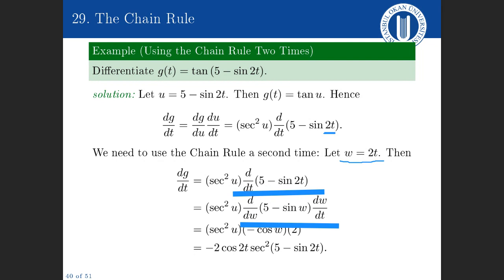And at this point, everything is an easy derivative, so we can write down the derivative of 5 minus sine w is minus cos w, and dw dt, the derivative of 2t, is just 2.